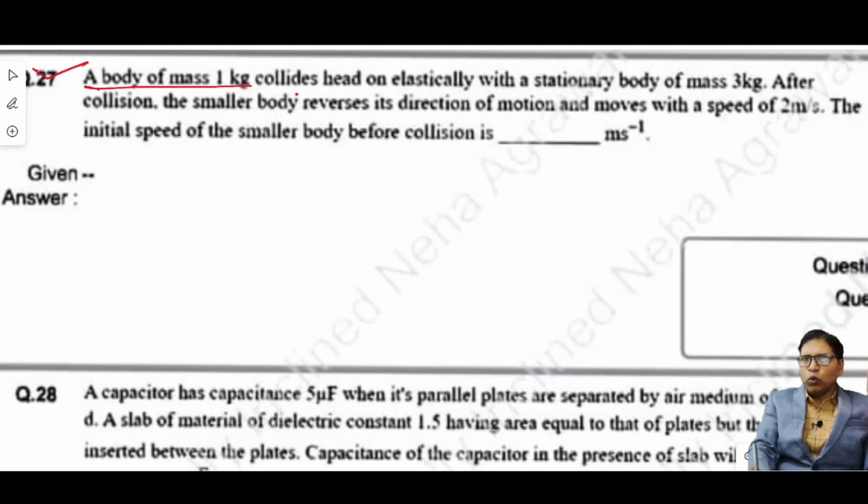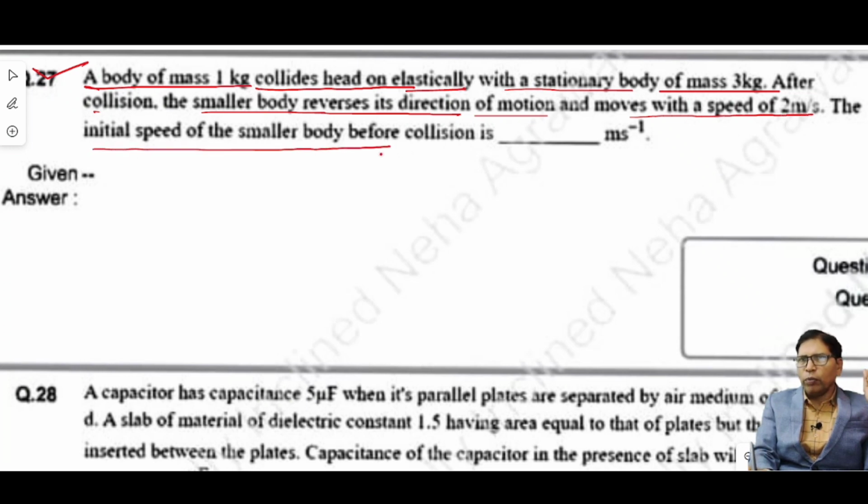A body of mass 1 kg collides head-on elastically with a stationary body of mass 3 kg. After collision, the smaller body reverses its direction of motion and moves with a speed of 2 meter per second. Find the initial velocity of the smaller body before the collision.